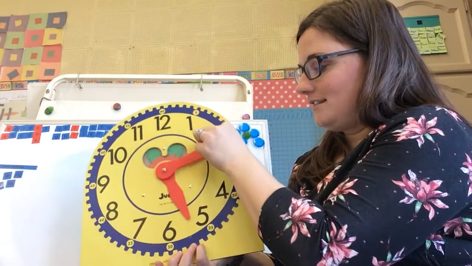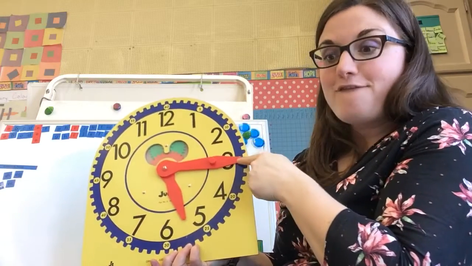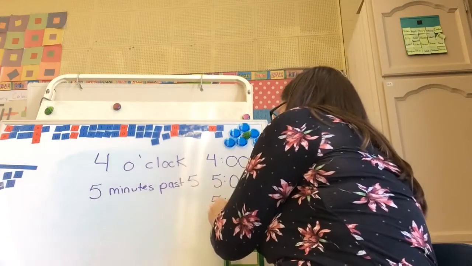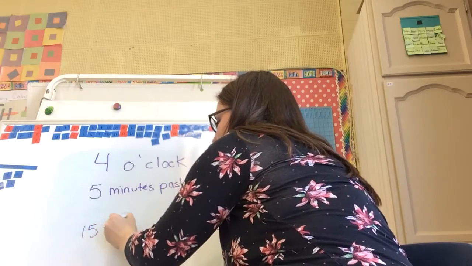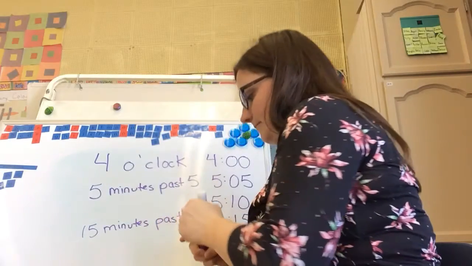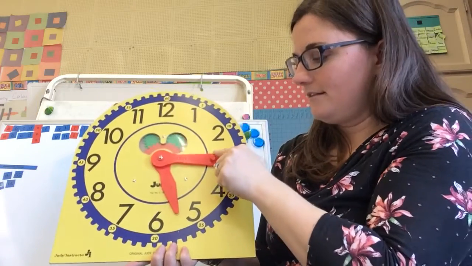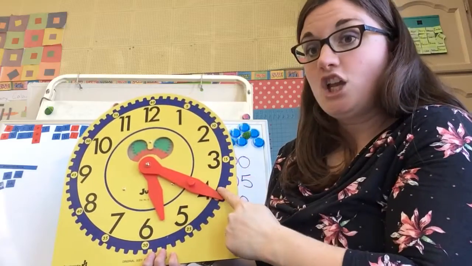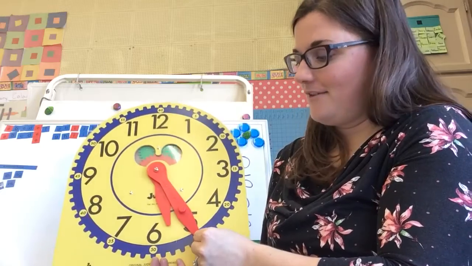Keep going to the next number. Let's start at the beginning again. 5, 10, 15, right? So we could say it is 5:15 or 15 minutes past 5. Okay. And we'll keep going. When it's down at the 4, let's start 5, 10, 15, 20. So it'd be 5:20. 5:25.